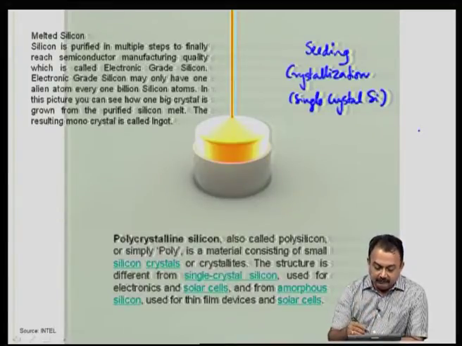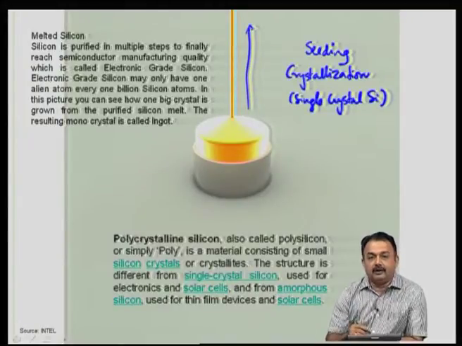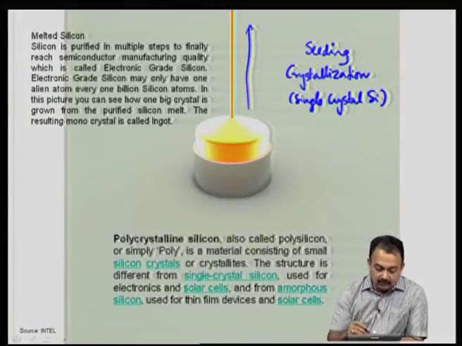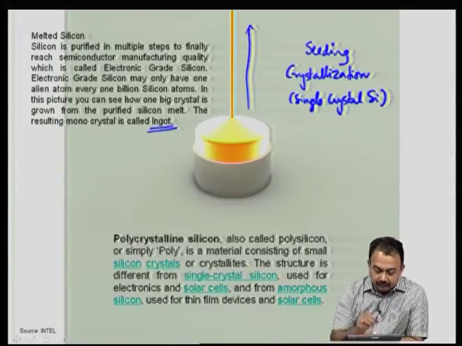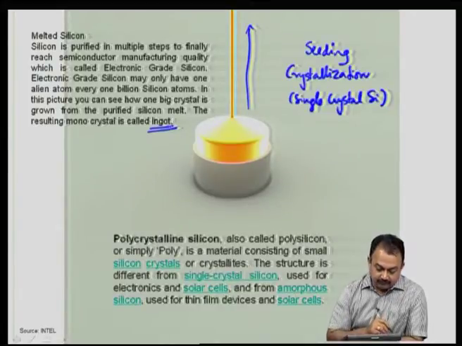So, basically there is a container in which it is molten, and then there is a seed crystal, and then you slowly drag it out. Okay. Then you get what is known as a monocrystal called an ingot. These are known as silicon ingots. This is the first step.